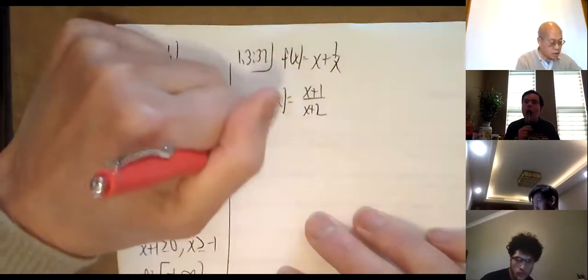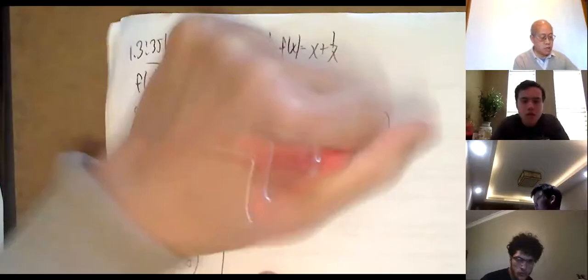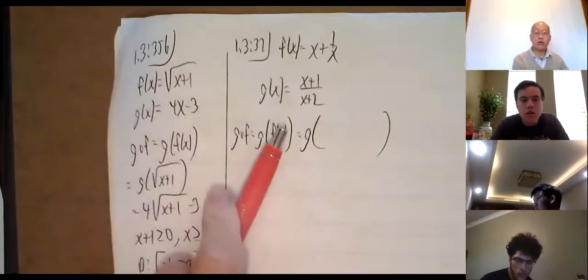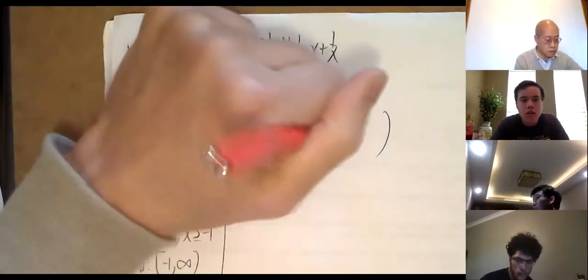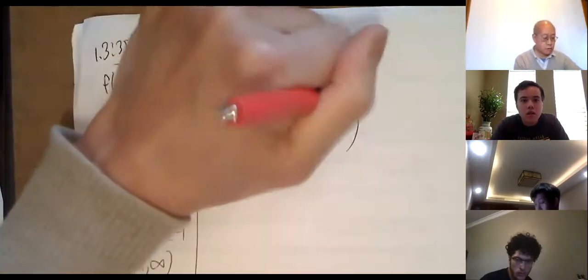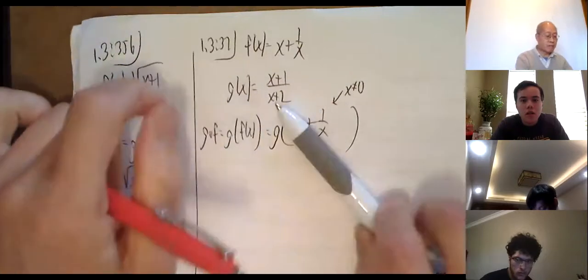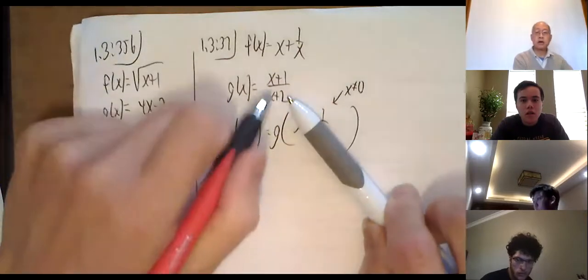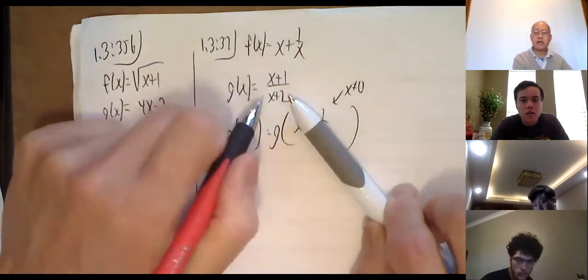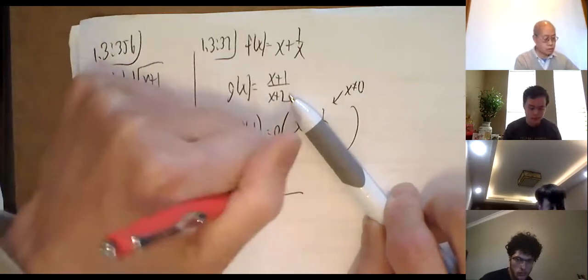Okay, so g circle f means g of f of x. G, put inside what is f of x, that's x plus 1 over x. Right away, I know that x cannot be 0. So that's out of the domain. Okay, and now that big mess goes in for g. So mess plus 1 divided by mess plus 2.